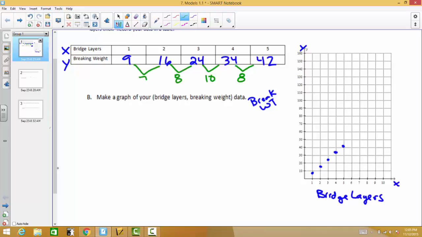And 16 minus 9 is 7. So this is approximately your slope. And a good title for this might be Bridge Breaking with different lengths.